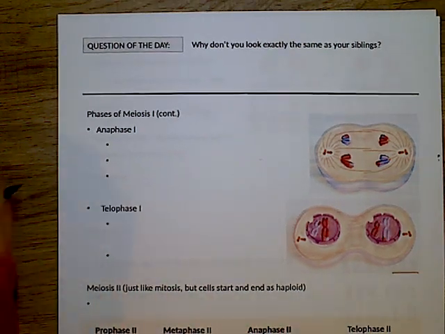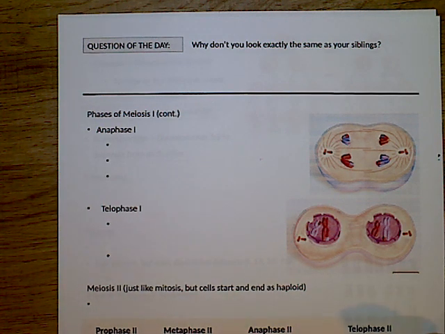Which brings us to the question of the day: why don't you look exactly the same as your siblings? And so there are two key parts to this.